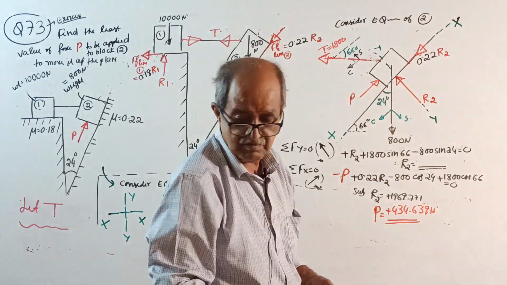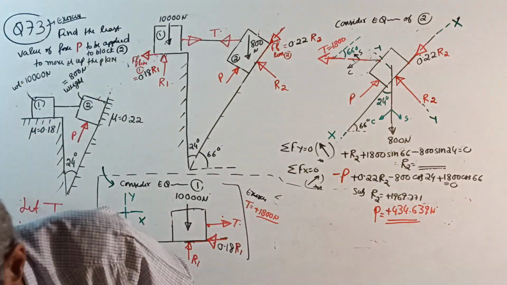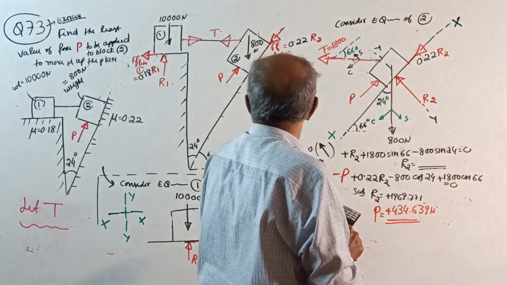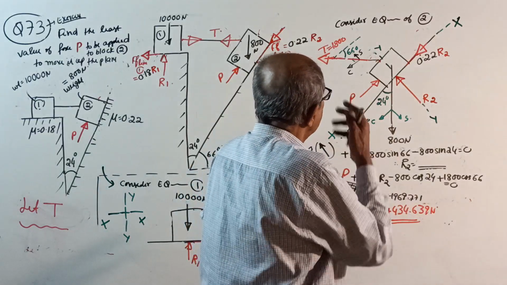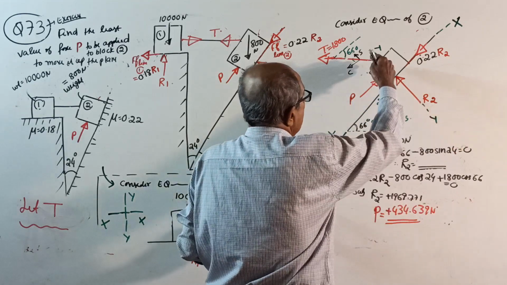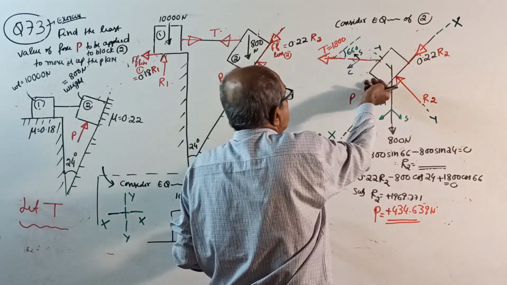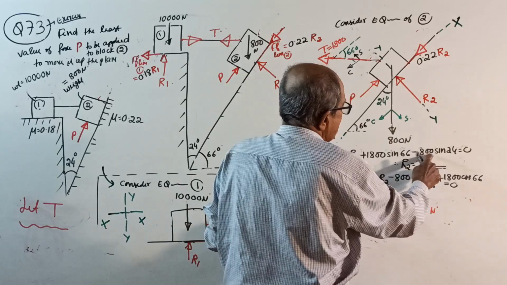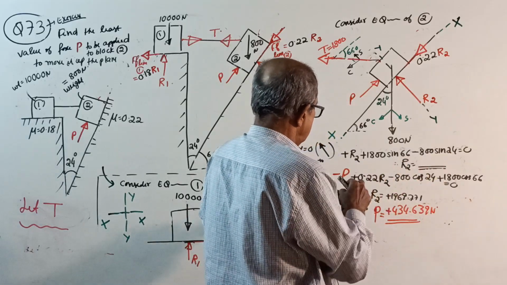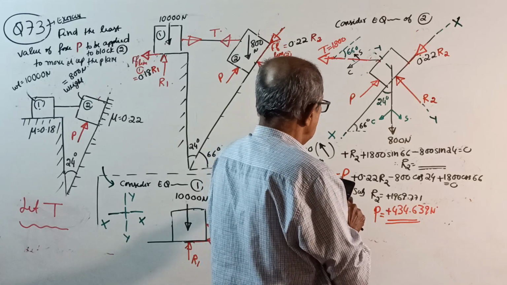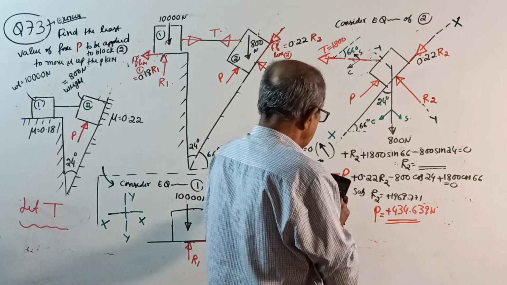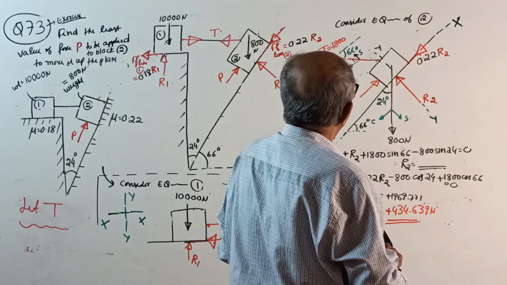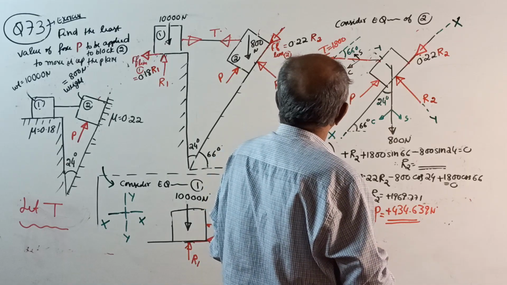So, 1 minute. Correct? Actually, this tension will relieve the reaction. Plus R2, then plus 1800 sine 66 minus 800 sine 24 equal to 0. So R2 is coming negative. 1 minute. There is something wrong here.